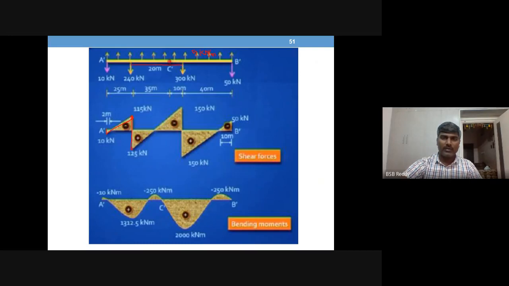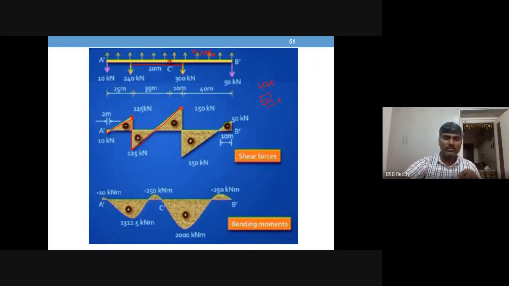So 45 into 5 is the load, UDL is 5, right? 225 is the total load. So you are down by 125. Okay, so if you want to reach upward 225, you have to come and reach 150. So 150 plus 125.